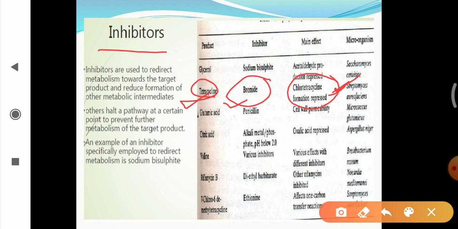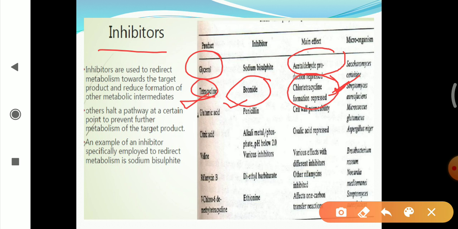Then we obtain the tetracycline. In that way, the best studied example is the microbial production of glycerol, by modifying the ethanol fermentation and by removing the acetaldehyde. As inhibitors here we use sodium bisulfite.